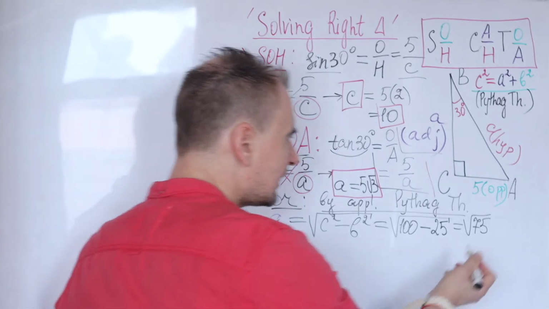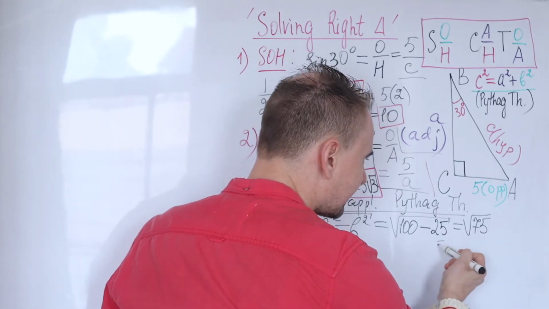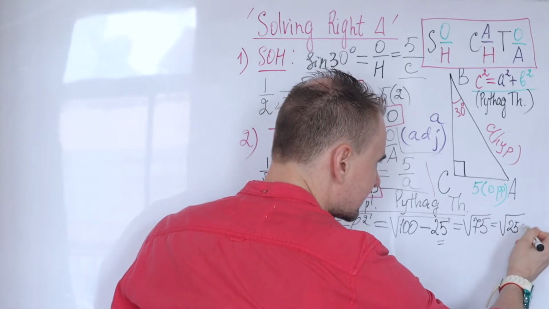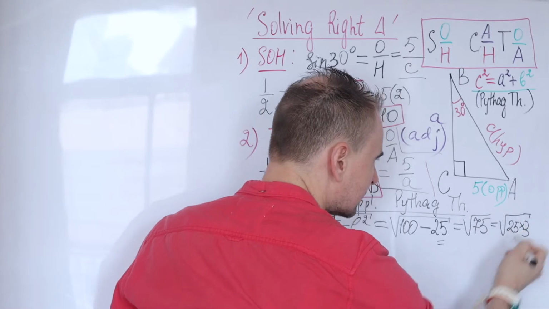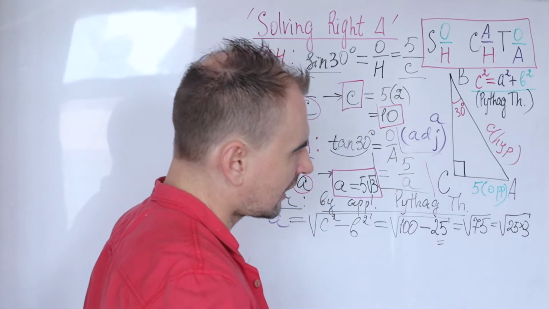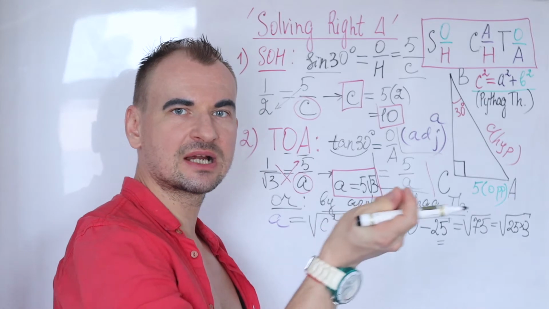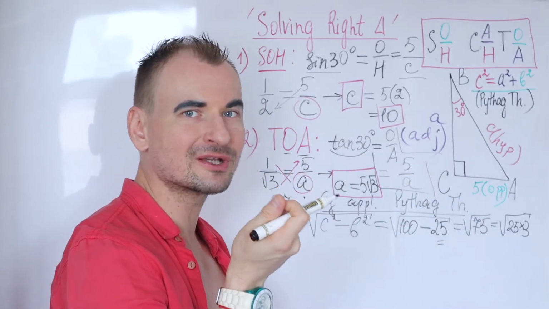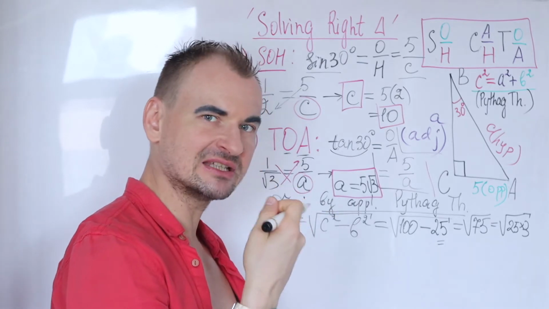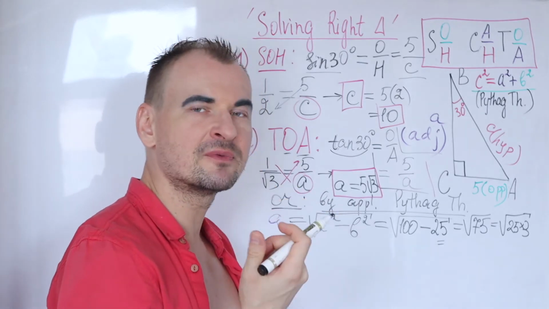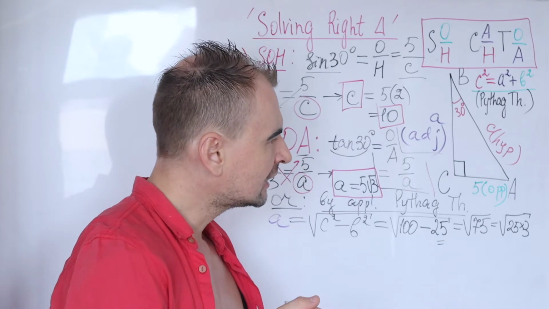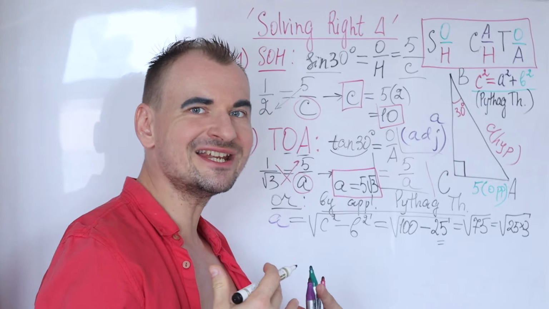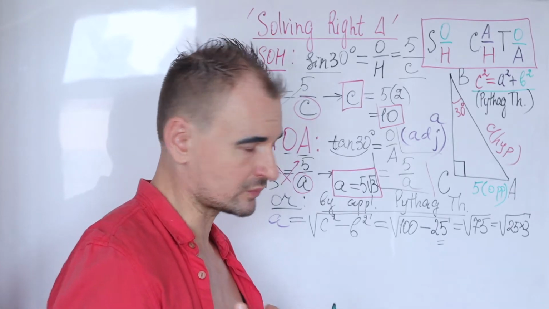Try algebra as well, and since 75 can be broken down into 25 and 3 inside your root symbol, 5 basically can be pulled out outside of your square root. So this is a little bit of algebra, and if you need help with this, you could check out my episode on dealing with radicals or roots.